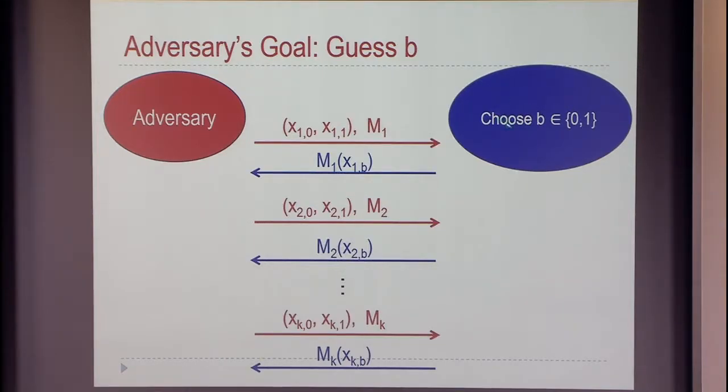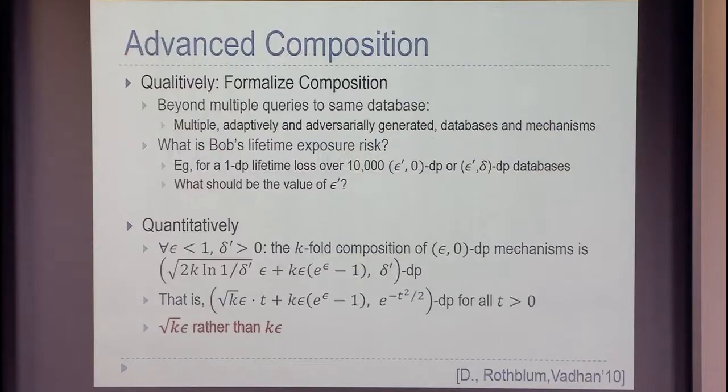The curator, who has fixed b once and for all, will run M1 on the chosen element of the pair. And that's what the adversary gets to see, that outcome. Based on that, the adversary can choose a new pair of databases and a new mechanism, and then our curator will run the new mechanism on the selected element, same b.